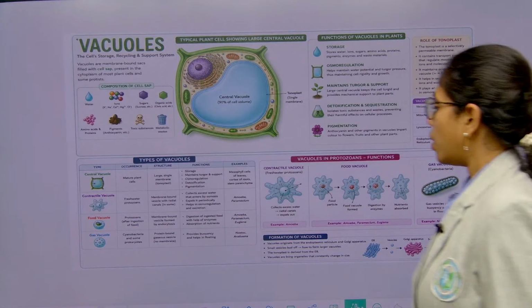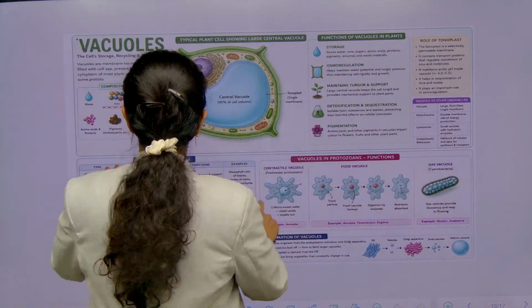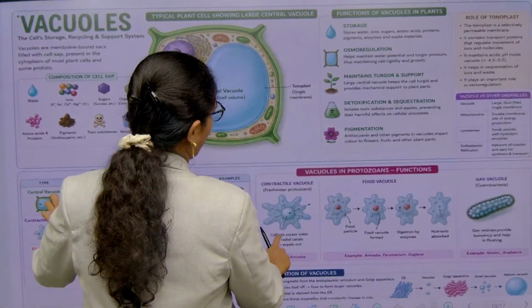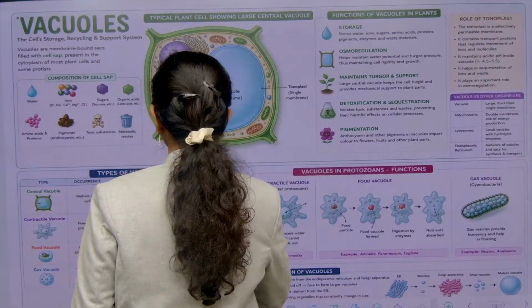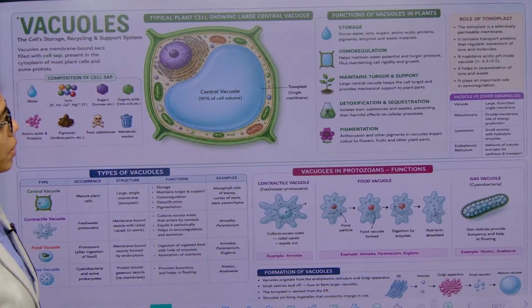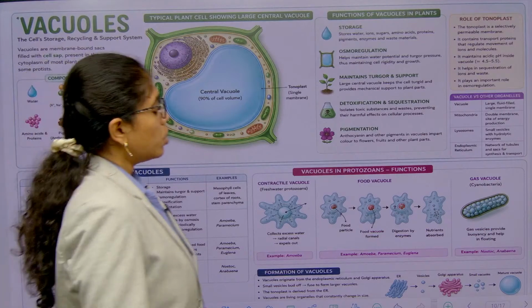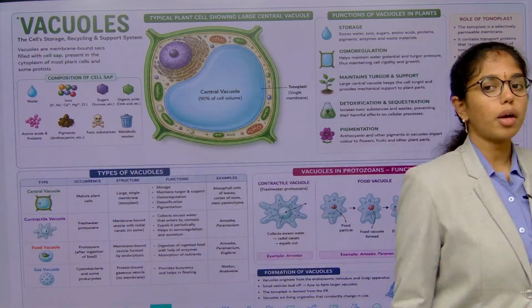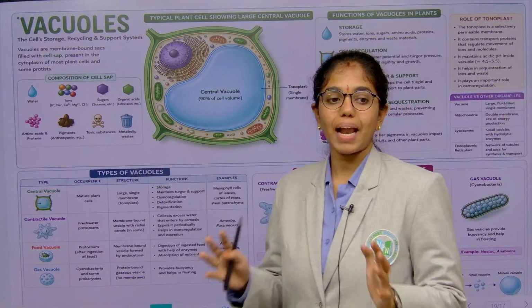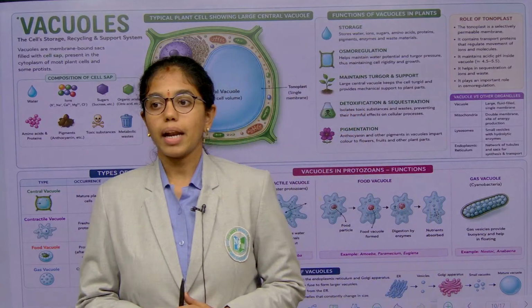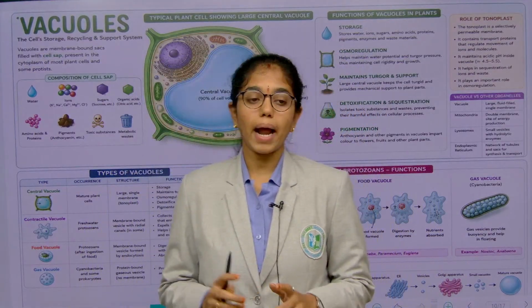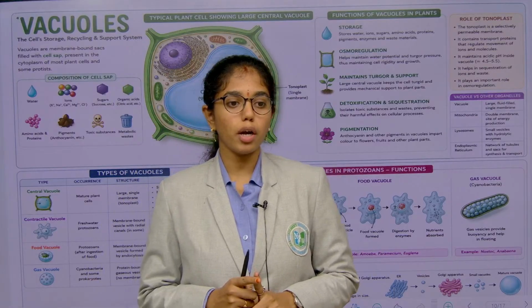So next is vacuoles. The vacuole present in the plant cell is known as sap vacuole. First tell me, the vacuole occupies how much percentage of plant cell volume? 90% of plant cell volume, and the membrane of the vacuole is known as what?